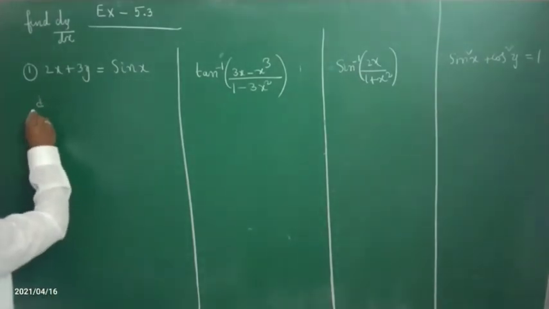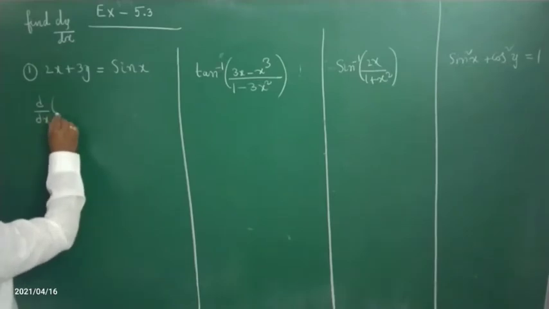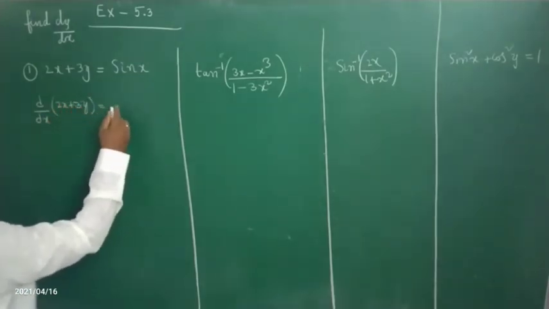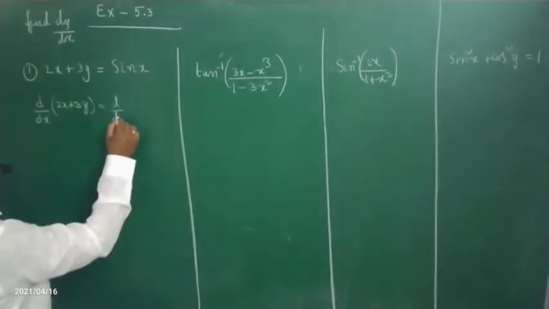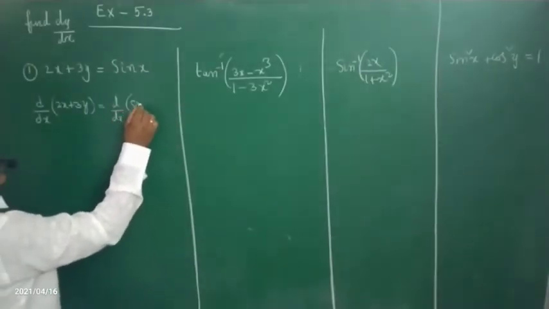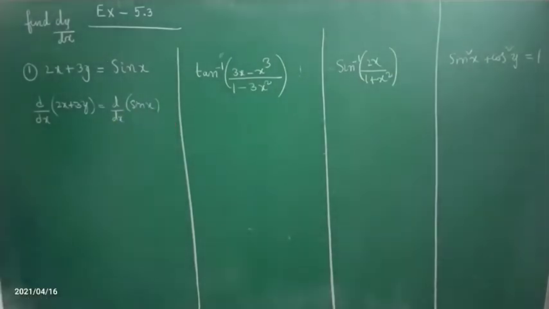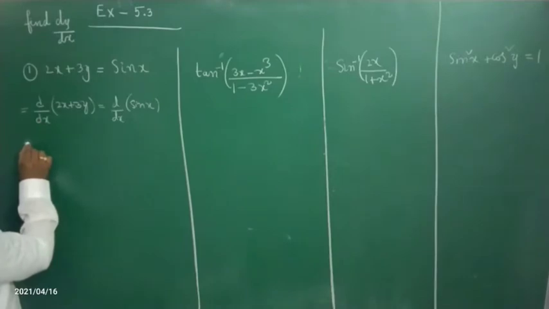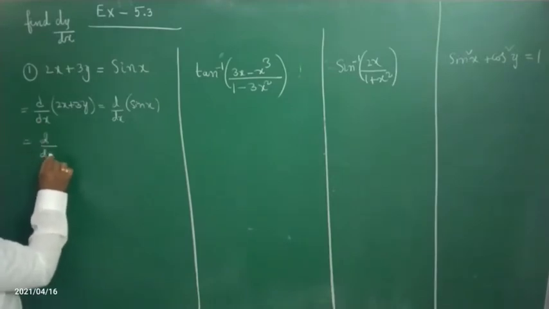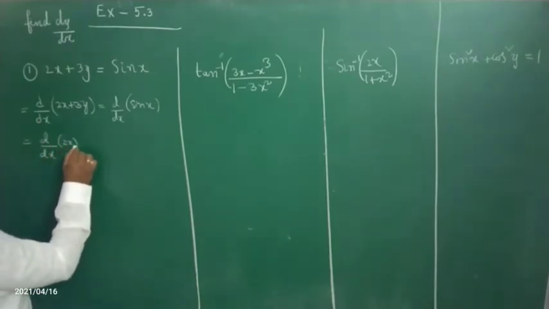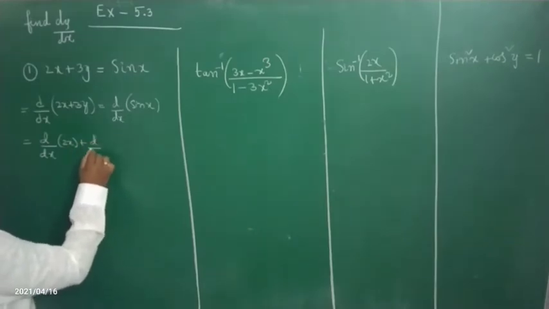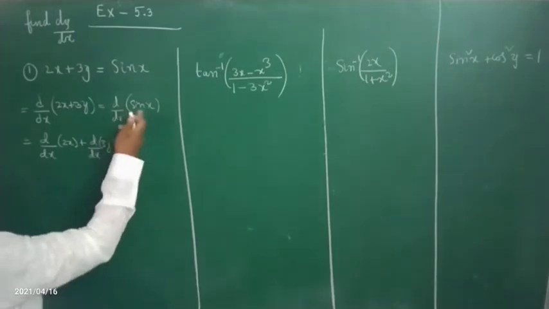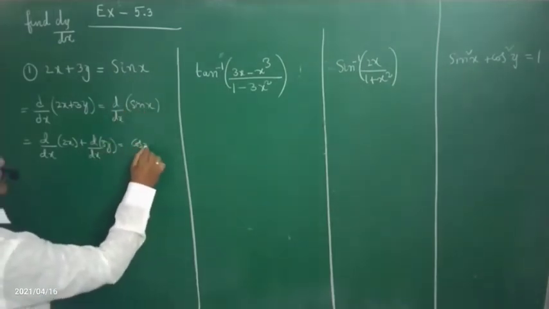Now d by dx of 2x plus 3y equal to d by dx of sin x. So this is d by dx of 2x plus d by dx of 3y equal to d by dx of sin x, which is cos x.